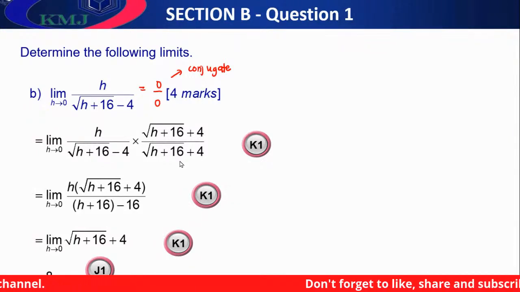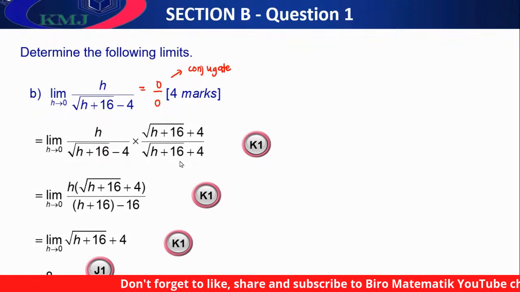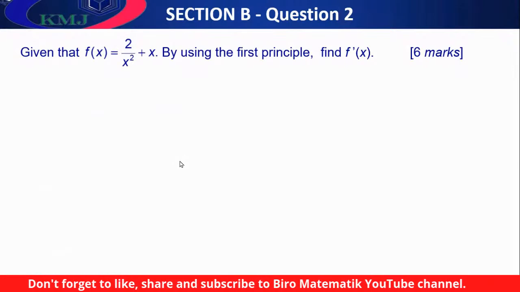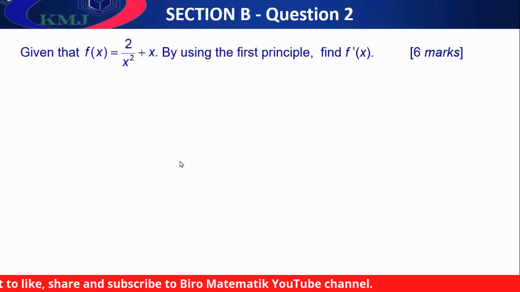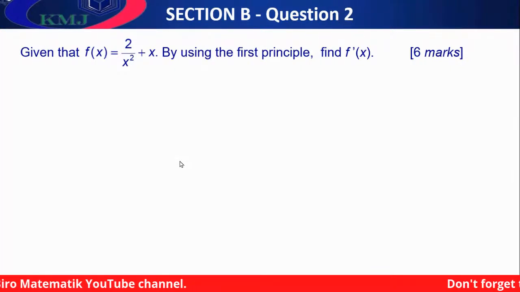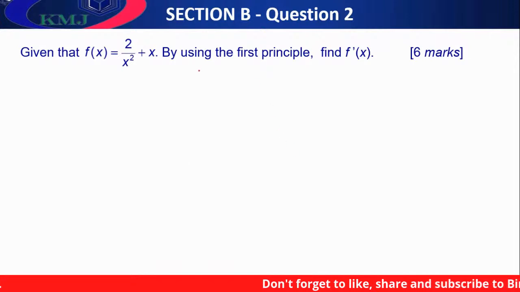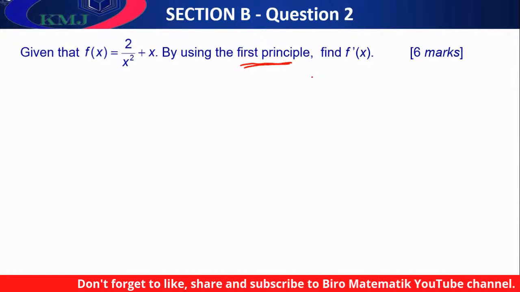So we continue with question number 2. Given the function f(x) equals 2 divided by x squared plus x, by using the first principle, find f prime x. Note here, we need to find f prime by using first principle only.